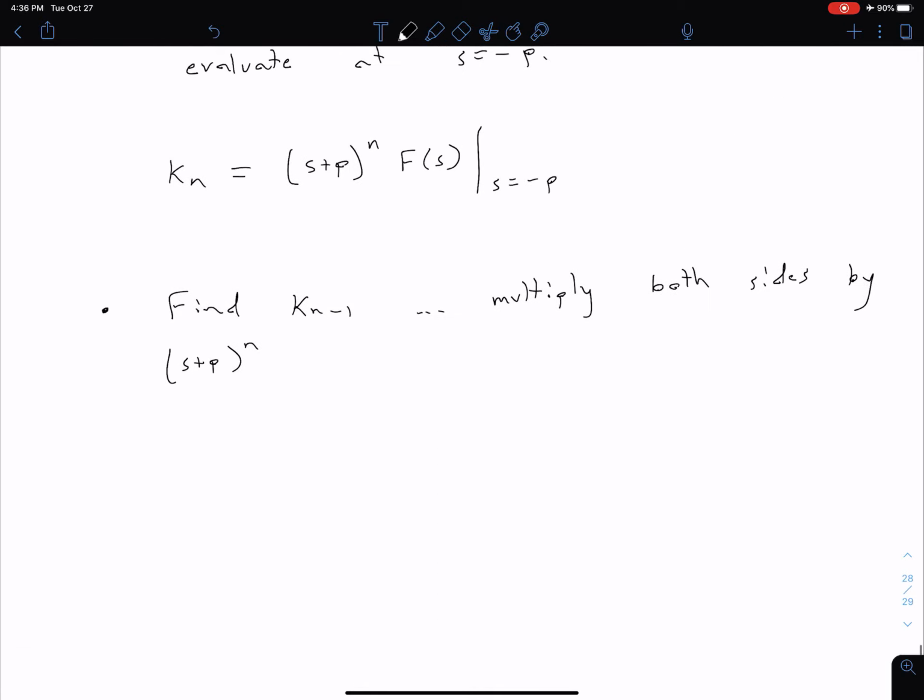So we multiply both sides by this (s plus p) to the power of n, and then take the derivative of both sides. What that does is get rid of our constant k sub n.